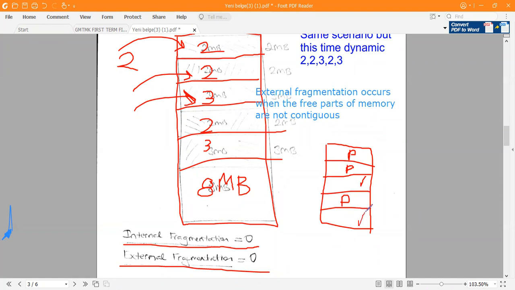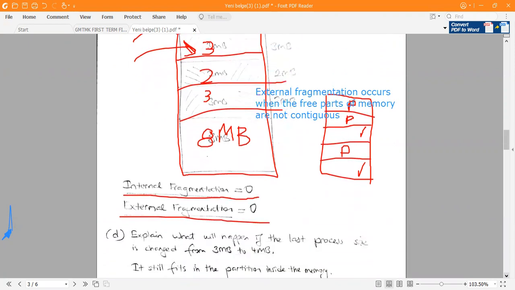This is an empty part of memory, but they are not coming one after the other. So this is called non-contiguous. Okay, let me continue. By the way, I have to erase this as well.